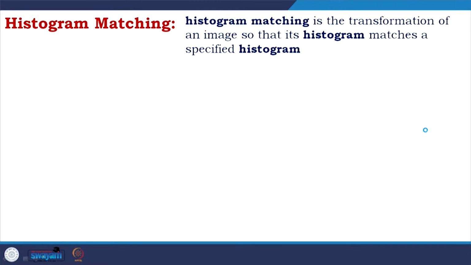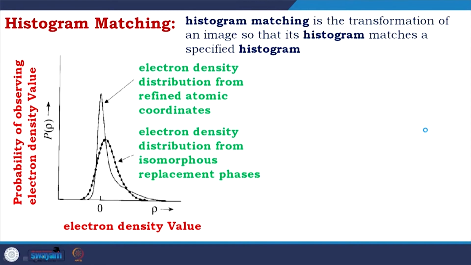Histogram matching, what is histogram matching? Histogram matching is basically an image processing thing. So, histogram matching is the transformation of an image so that its histogram matches a specified histogram. Okay. So, we are talking about 2 peaks which are plotted against electron density value in the x axis and probability of observing electron density value.